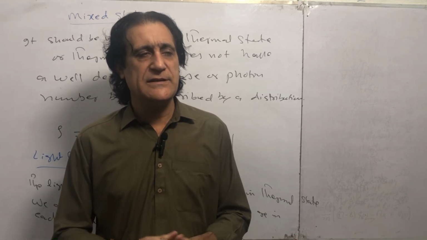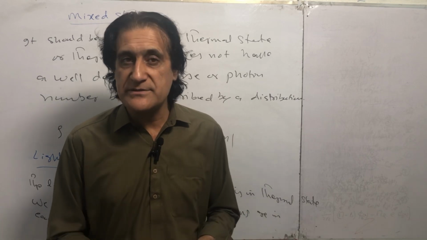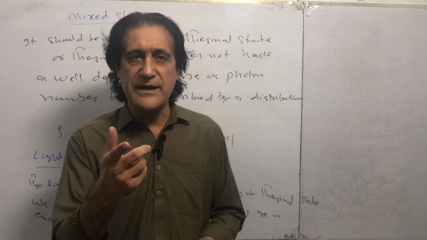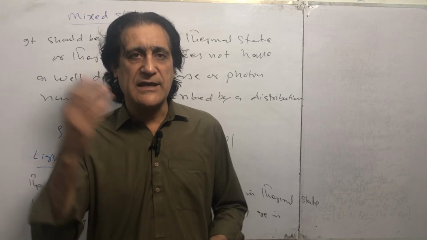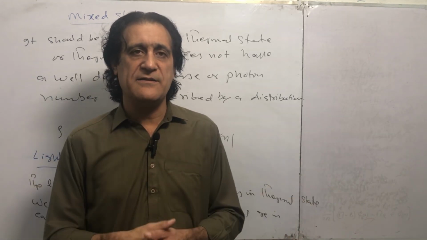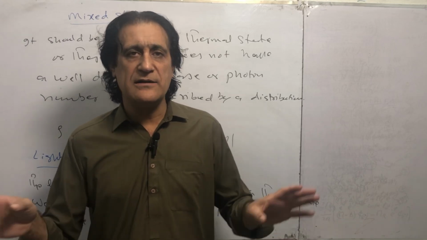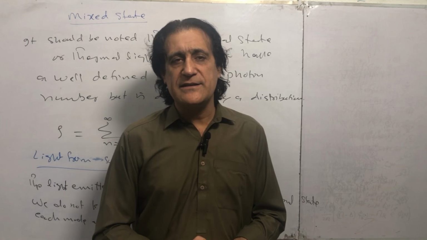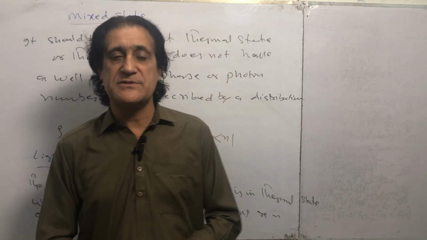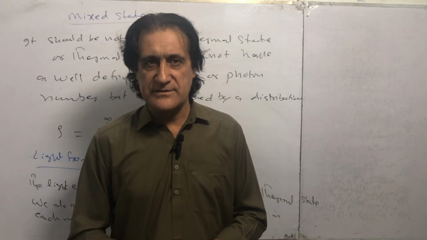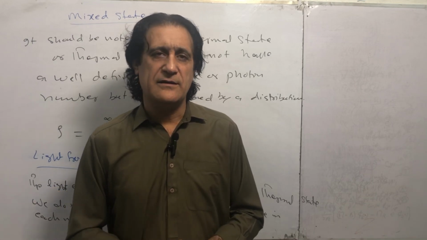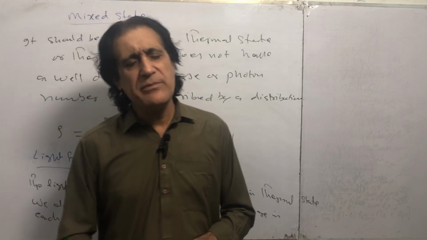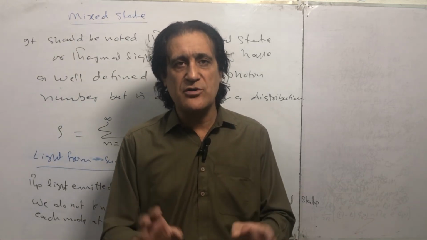The coherent state is also a pure state, because with laser light, you know the amplitude and phase, and the frequency and all these are in phase. Then we can say that we know about the quantum state, and this is a pure state. The squeezed state and some other entangled states, we will discuss later, but these are also pure states.